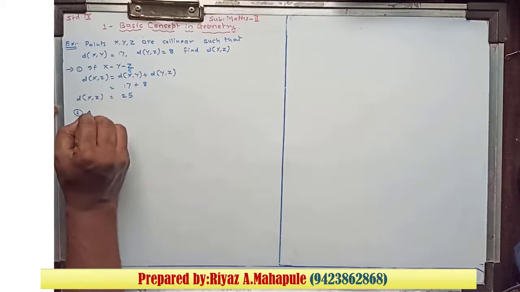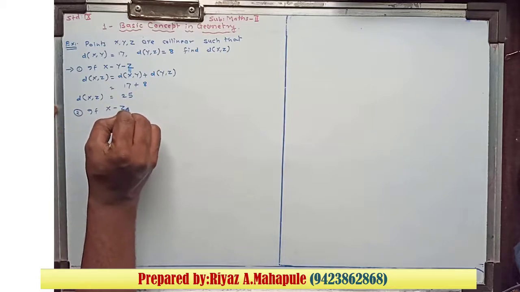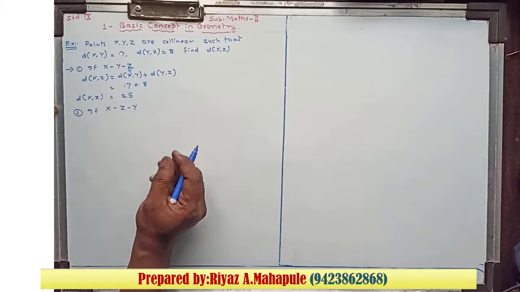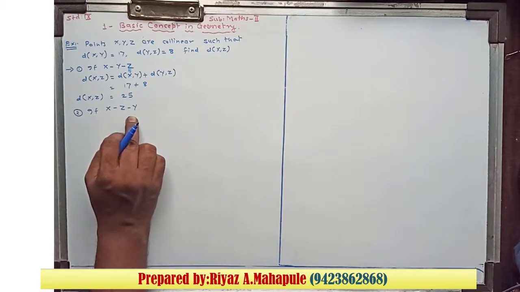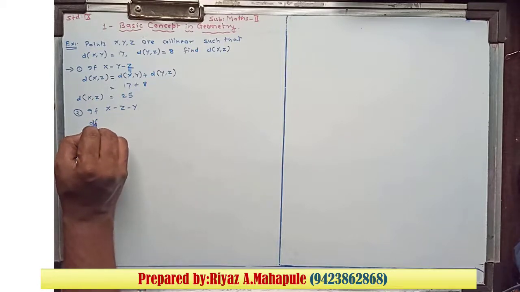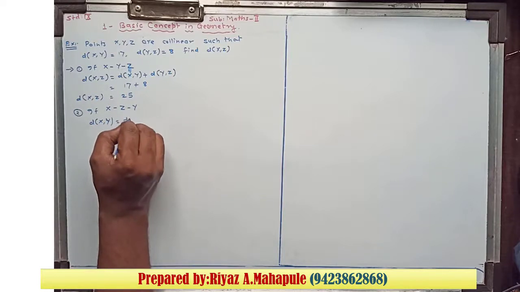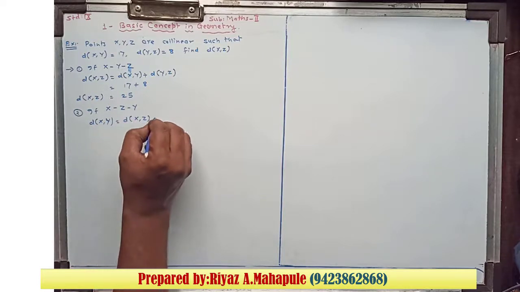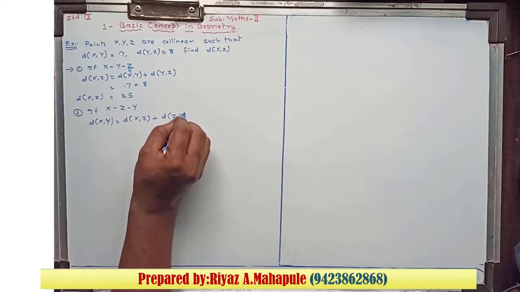Now second case, if X-Z-Y. In this case, is it possible to find distance XZ? So distance XY is equal to distance XZ plus distance ZY or YZ.